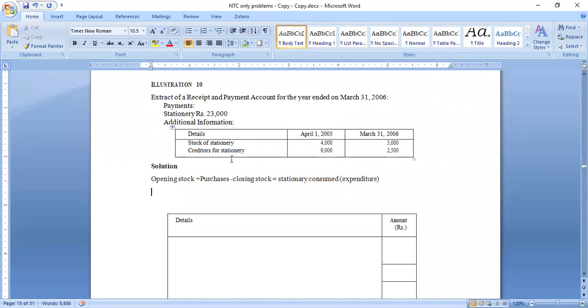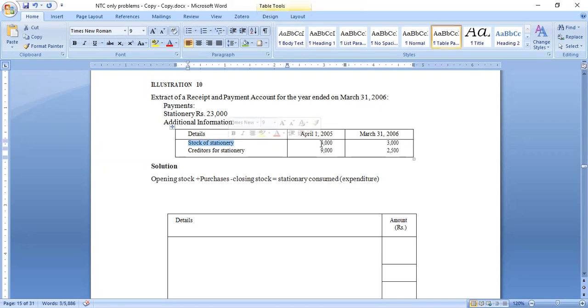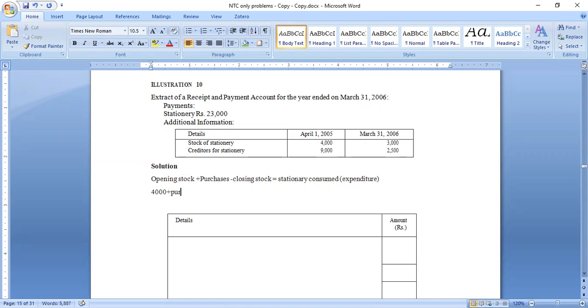From the given information, we can easily identify the stock of stationery in the beginning. This opening stock is 4,000, plus purchases, because they have given some creditors information, so it will take time. What is the closing balance? It is 3,000.